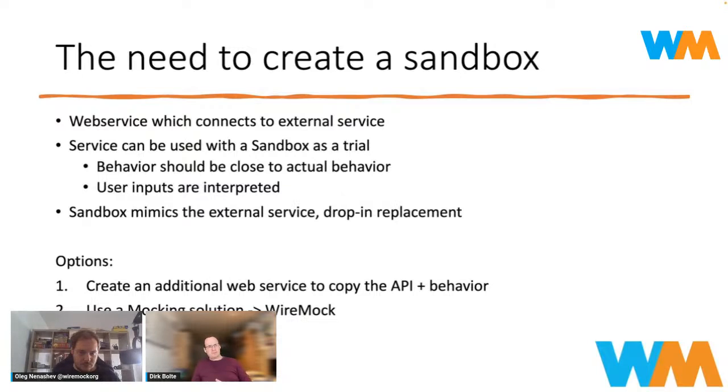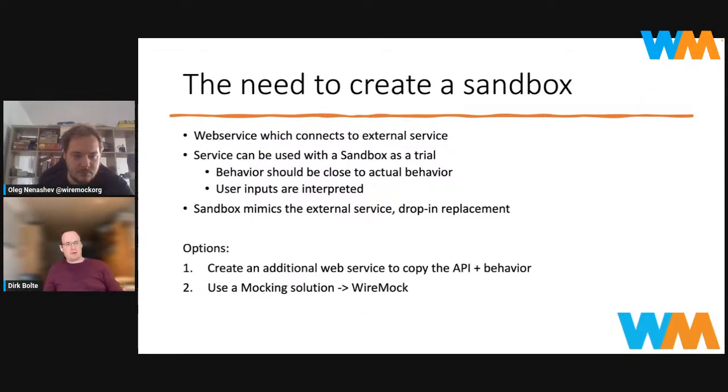I can drop in example responses that are in the documentation of the third party, and just have to create a way for state to be transported from one request to the other. In this case, it was an identity provider, and a typical thing is I enter my name, and in the next request I need this name, or in this request an ID is generated, and with this ID I get additional data. So I needed a way for state from one request to go over to the other.